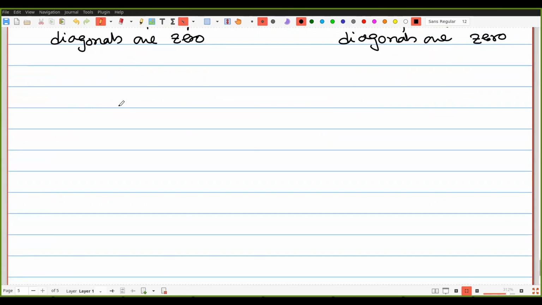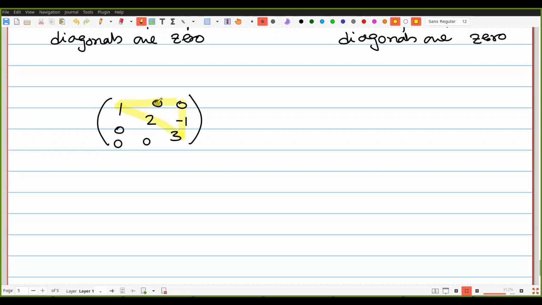Suppose we have a matrix like 1 2 3, 0 0 minus 1, 0 0 0. What type of matrix is that? If we check the principal diagonals here, that is an upper triangular, because all the off diagonals below the principal diagonals are 0.